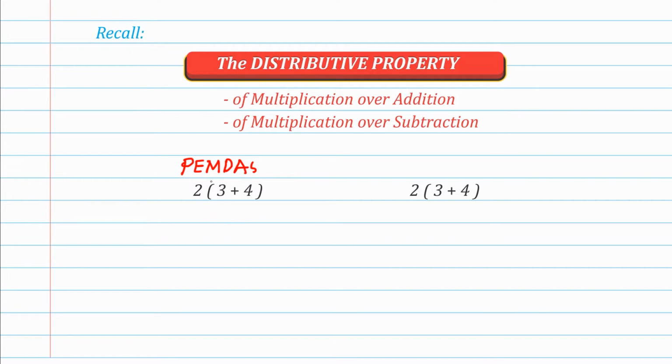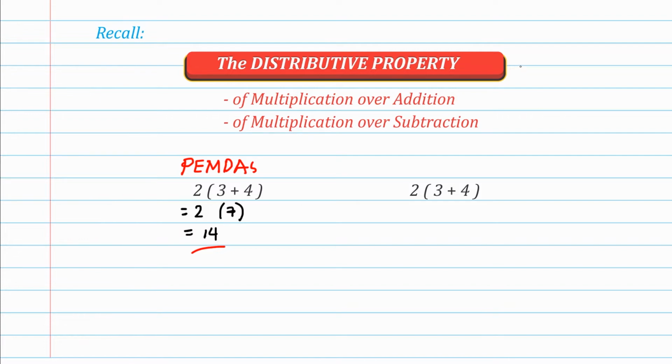So let's try and do that. Copy first yung 2. And according to this rule, solve muna natin yung 3 plus 4. So doing that, yung 3 plus 4 is equal to 7. So, anong mangyari? 2 times 7 is 14. So by using the GEMDAS rule or PEMDAS rule, the answer to this is 14.